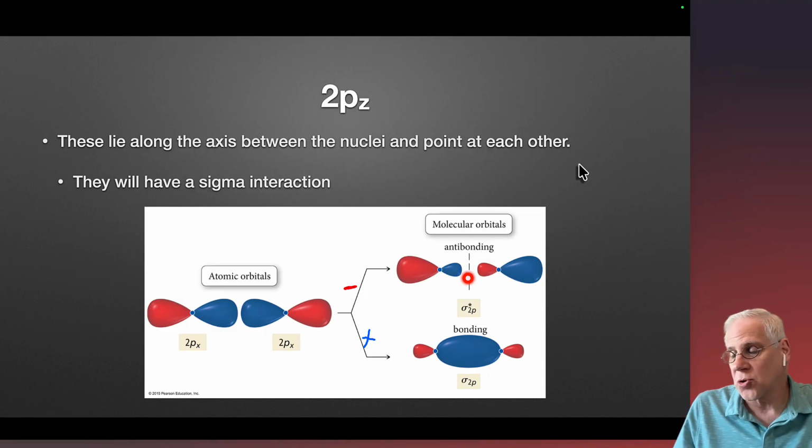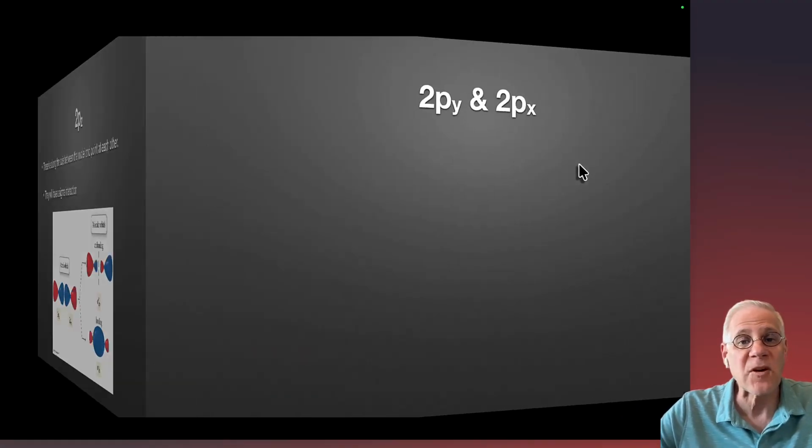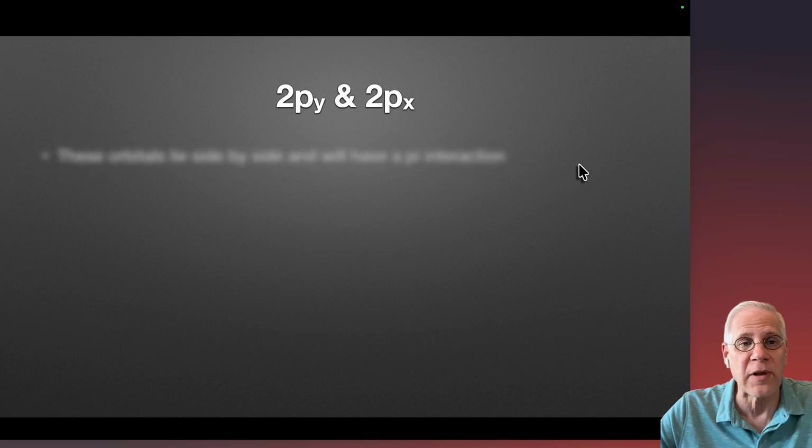They're going to create a node where they have canceled each other out for the wave functions. And so you get an anti-bonding interaction there, and you do have that node where there is zero probability of an electron existing. Very similar to s orbital overlap.